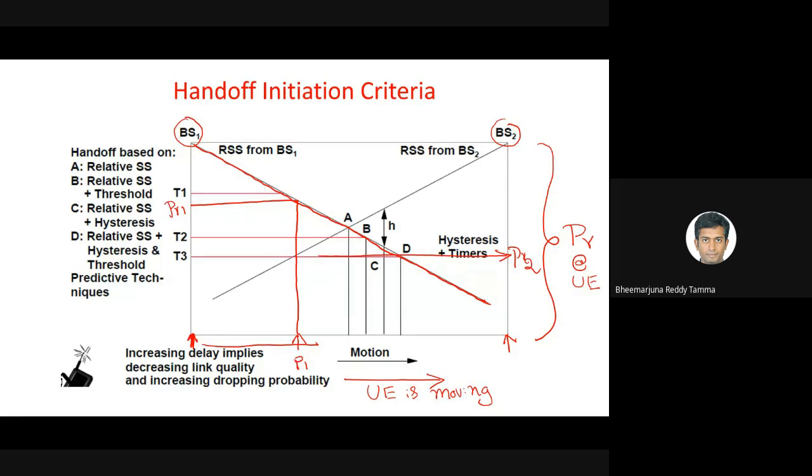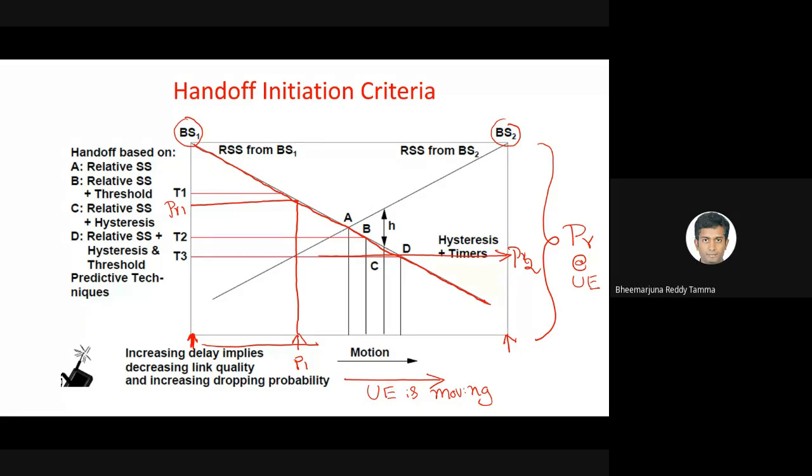Now I'm showing an example where the user has moved away from base station 1 and reached a point P1. At P1, the signal strength from base station 1 is PR1. Signal strength from base station 2 is PR2. So which one is higher in this case? Signal from base station 1. PR1 is greater than PR2, right?